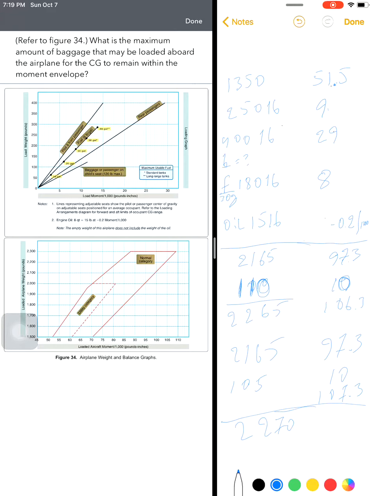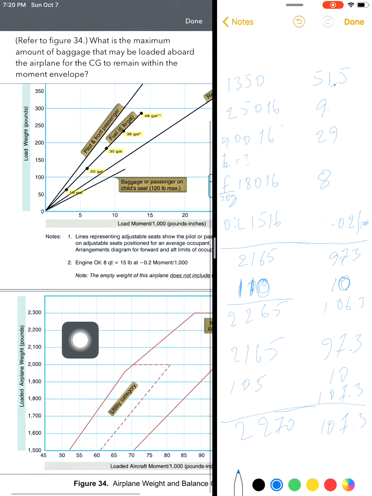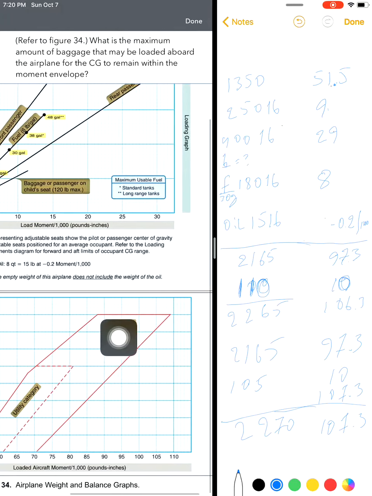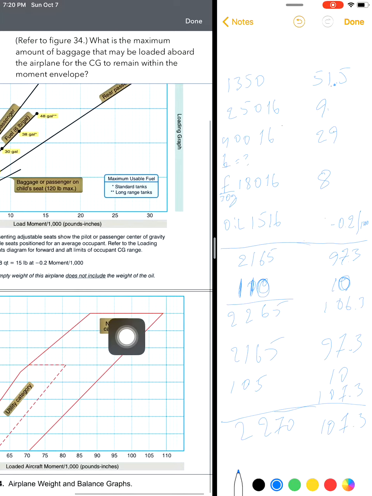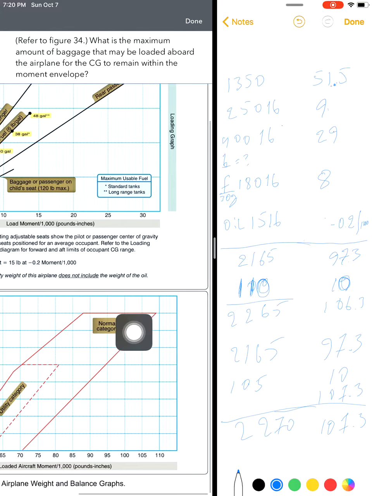Okay, 2270, and then you got the 107.3. So if you come down here, 2270, right around there, and you're gonna come up 107, 105, 107, right in this corner.